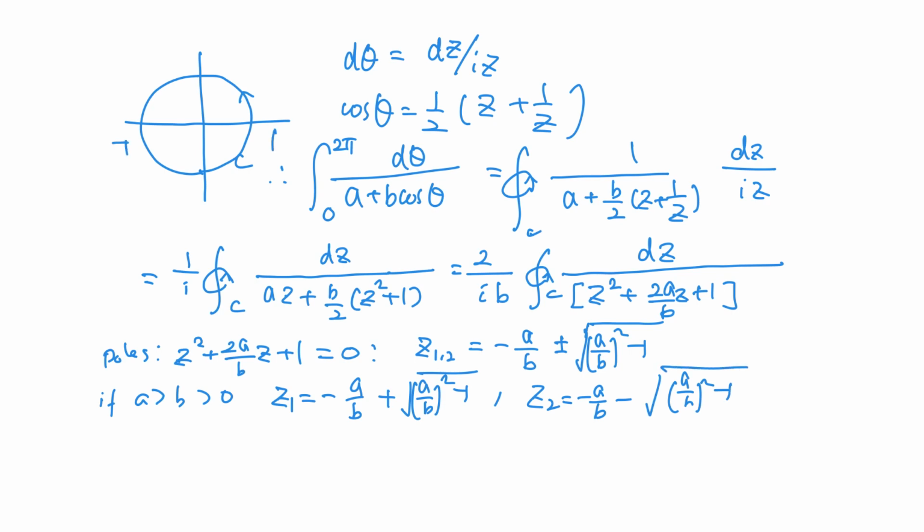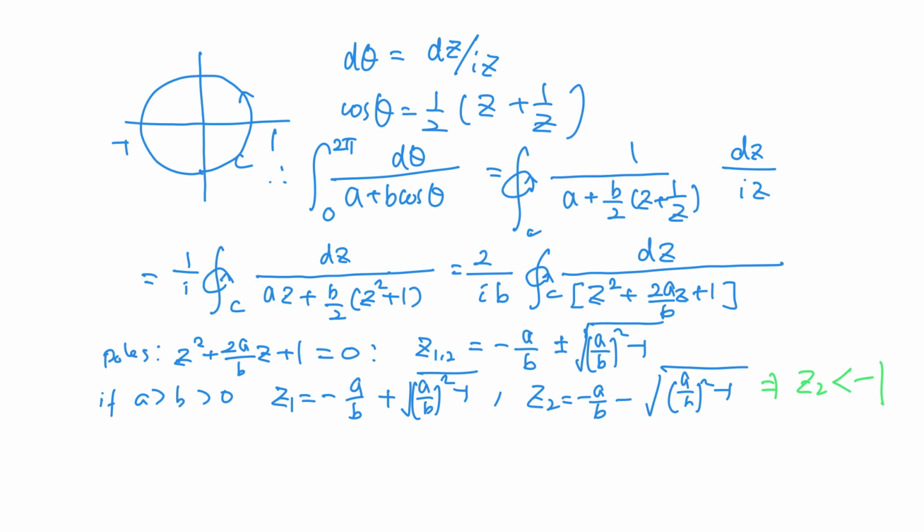One thing is obvious. When a is greater than b and both are positive, then z2 must be less than minus 1, right? I mean, if we're assuming that both a and b are positive and in particular a is greater than b, then minus a over b is less than minus 1.